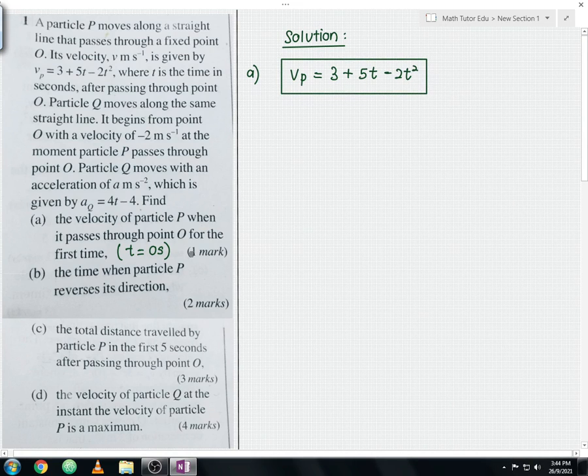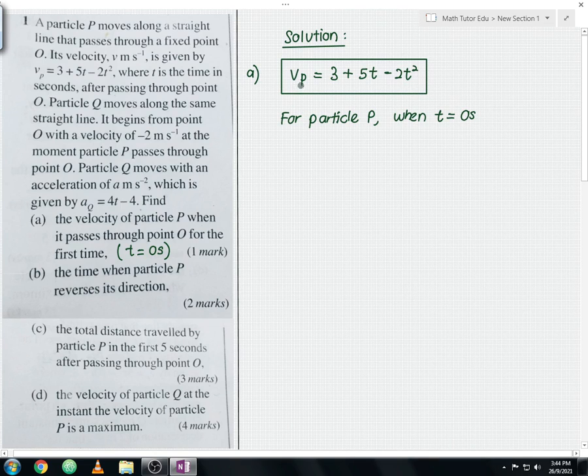Since you have your time equal to 0 second, you just have to substitute into this equation. So let me write the working here. For particle P, when t = 0 second, you just substitute into the equation.